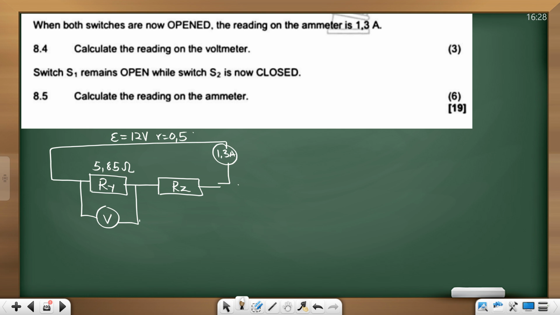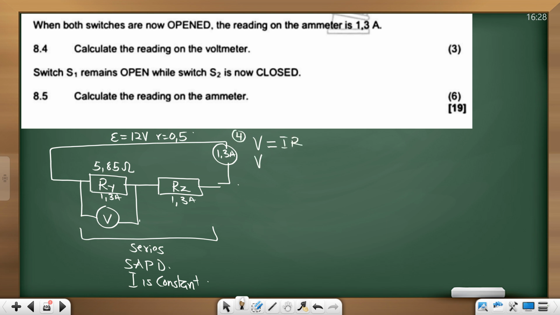Because these things are connected in series. What do we know? Series are potential dividers. Current is constant. Oh, that's so easy now. The current here will be 1.3A. Current here will also be 1.3A. So we are done. V equals IR. That's number 4. The voltage in Ry. What's the current? 1.3. So that acronym is very important. You're done.